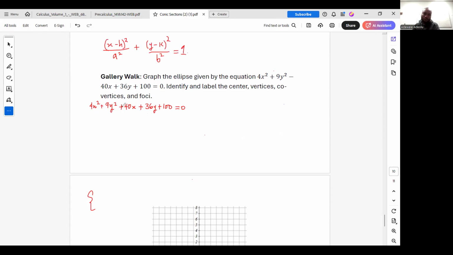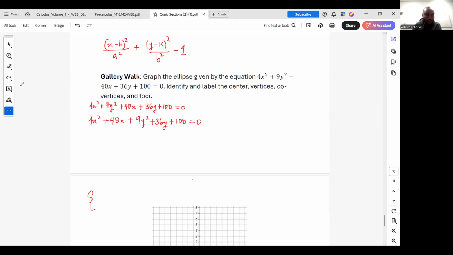We don't have it in this form. So let us try to rewrite, just like we did with circle. So 4x squared plus 40x plus 9y squared plus 36y plus 100 equals 0.